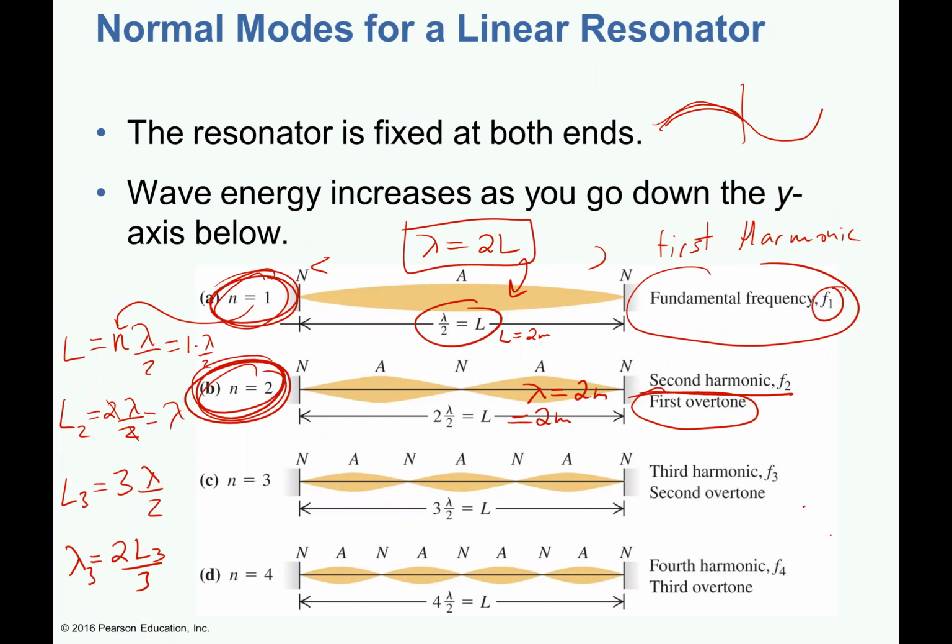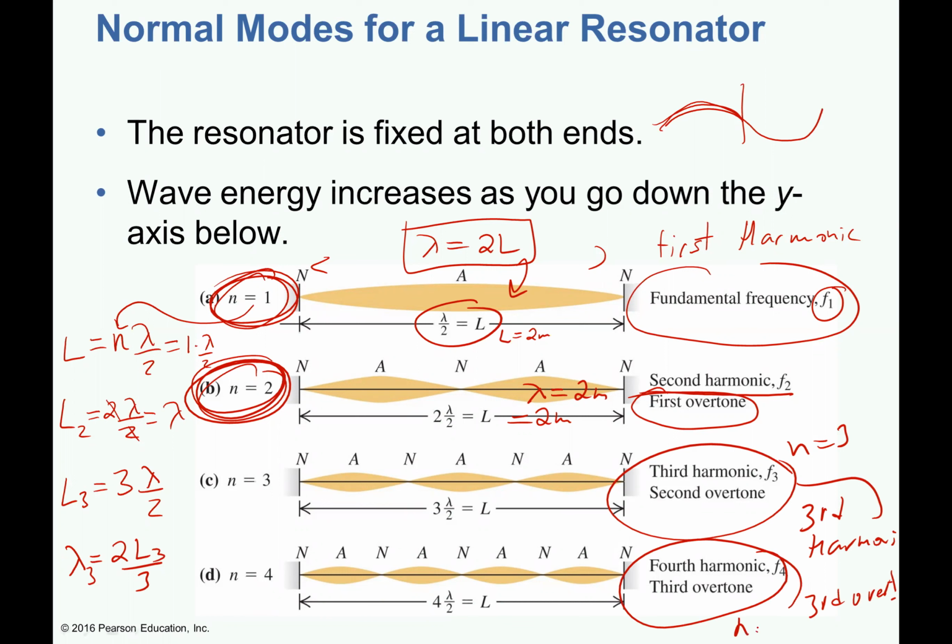If you're given the third harmonic, that means you're considering n equals 3. But if you're given the third overtone, then n equals 4, because the third overtone is the third one after the fundamental, which is the fourth harmonic.